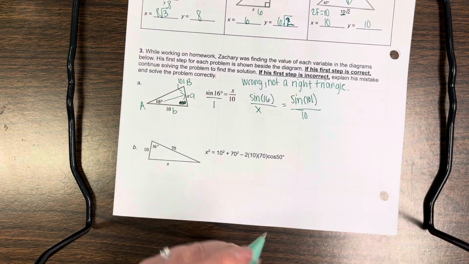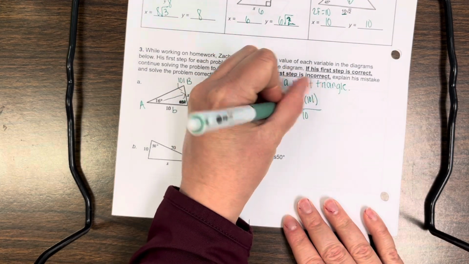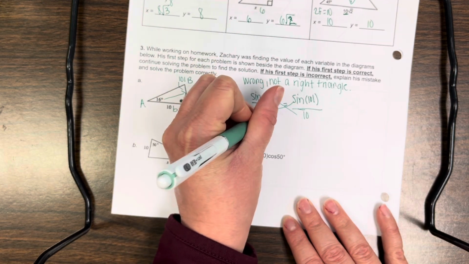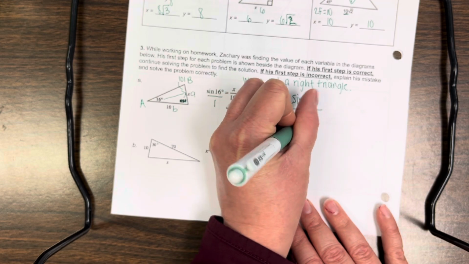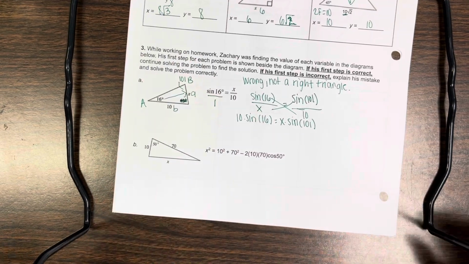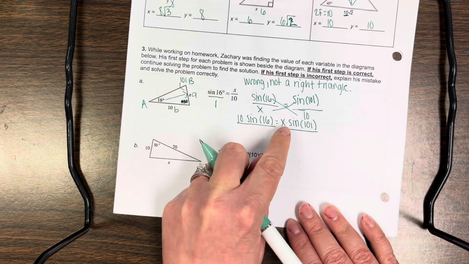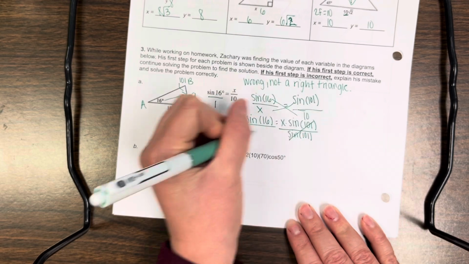And then I can cross multiply here. Cross multiply, I have 10 times sine of 16 equals x times sine of 101. Then to solve that, we're going to divide both sides by sine of 101 to get the x alone, because this will cancel out on this side.